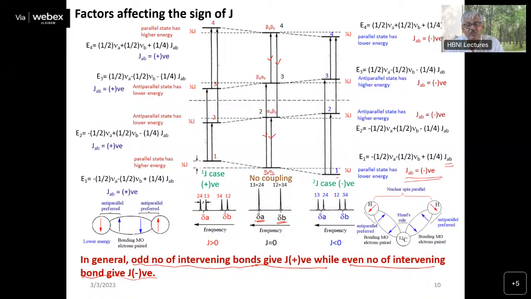Still in many cases you will see that fluorine couplings show a different sign, because fluorine, besides the bonding pairs, also has lone pairs, and those also affect the spin of the nucleus. There are so many cases that everything cannot be taught in the class, but you must remember that this is more or less the commonly seen case of hydrogen, but there are exceptions also.